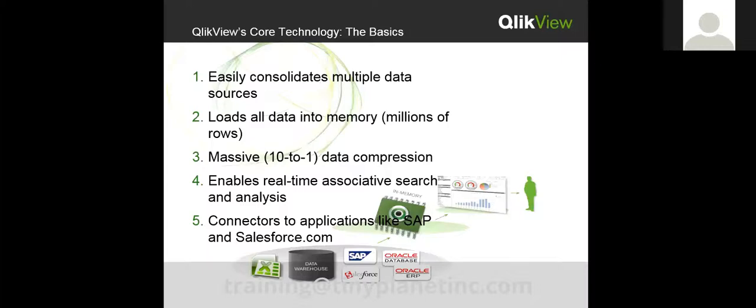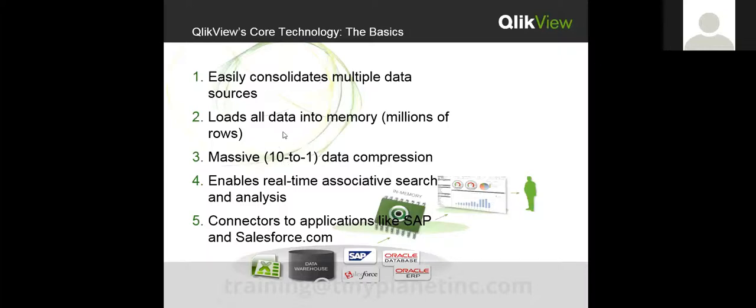I can bring in the relevant tables from both data sources, and as long as there is some commonality between the two data sets which my business wants to see, I can merge them through QlikView data modeling and see it. This is the beauty of QlikView core technology.